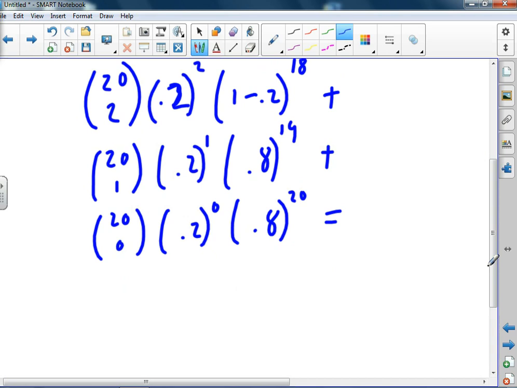Okay, so I got 20 things taken 2 at a time, which is 190. 190 times 0.2 squared times 0.8 raised to the 18th.